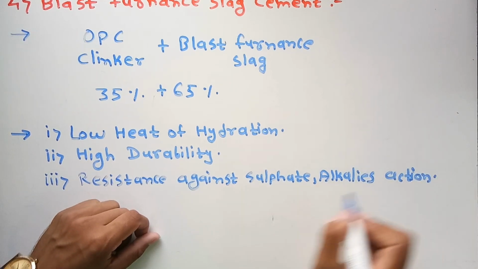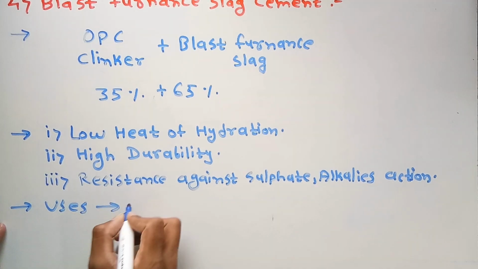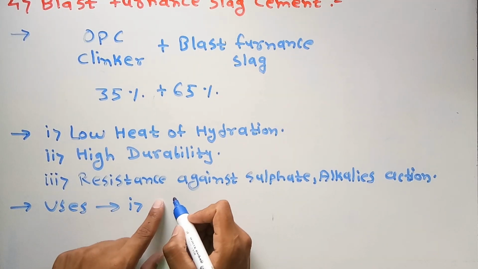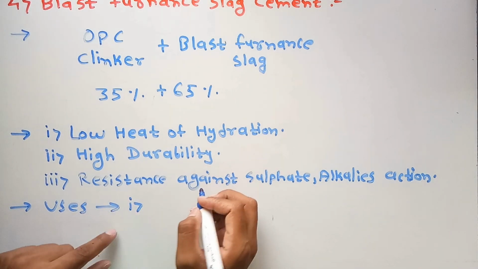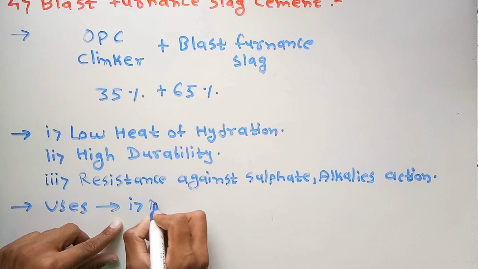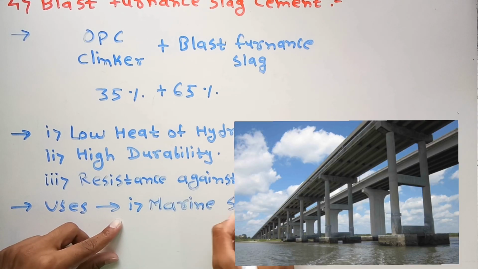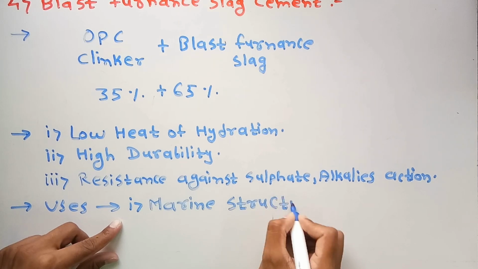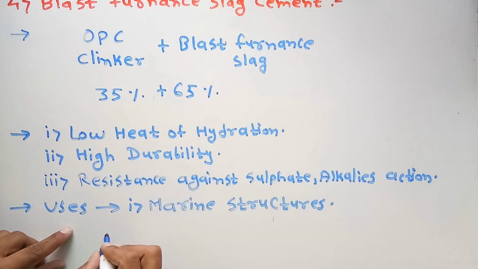Now we will see its uses. As we know that it gives resistance against sulfate attacks and alkali actions, it is useful in marine structures. And its setting times are the same as OPC.